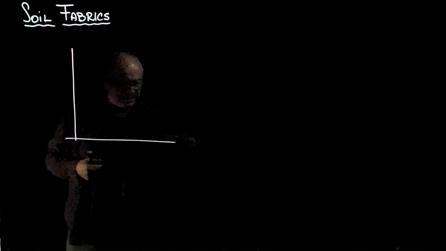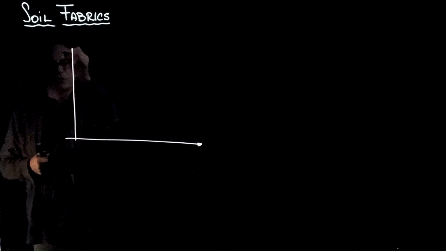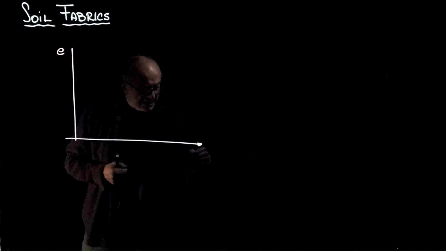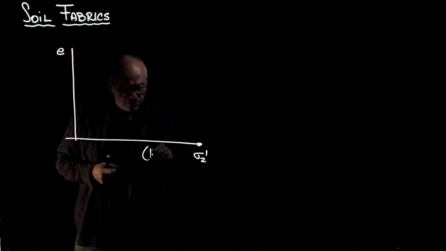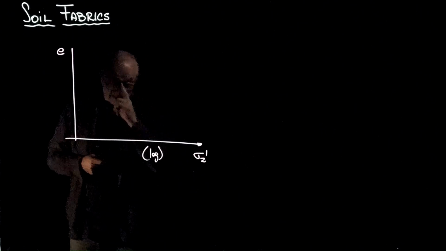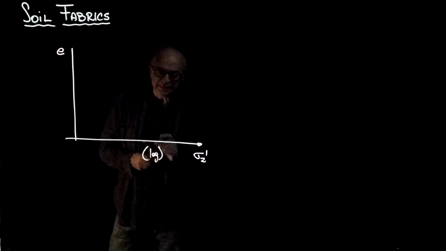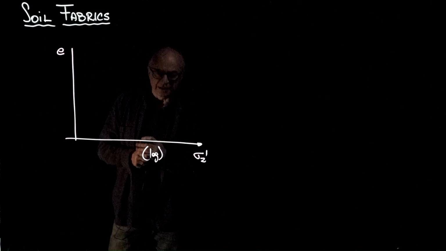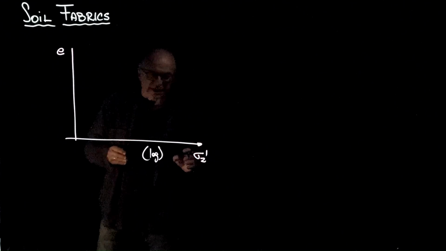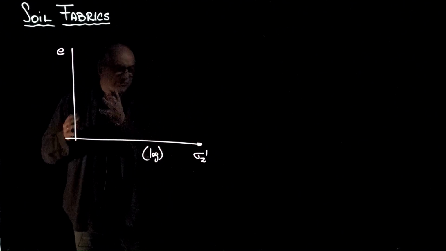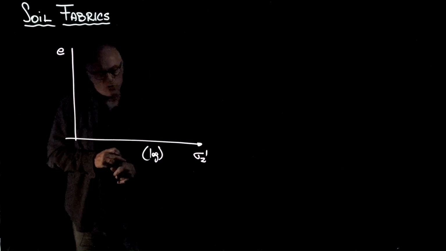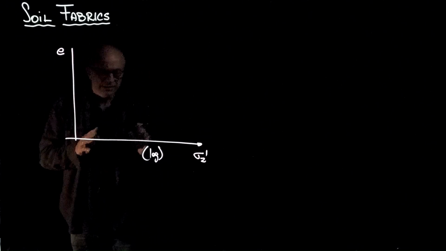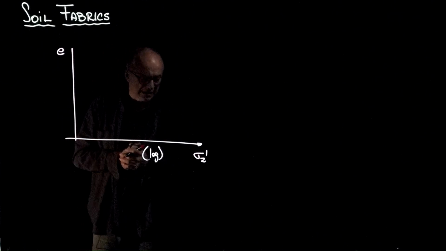So the classical plot in this case is one where we're going to plot the void ratio versus the vertical effective stress in logarithmic scale. This is a misleading scale. If we actually see it in linear scale, the higher the confinement, the lower the void ratio, and that goes almost exponentially decaying. But let's stick to this scale for now.